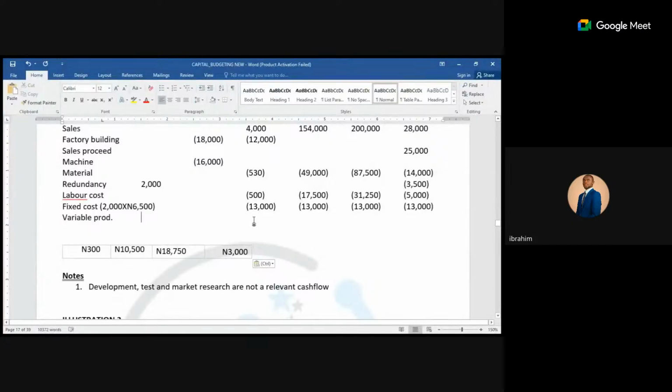So this will be 300, 10,500, 18,750, and then 3,000.